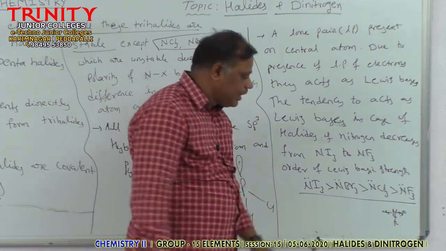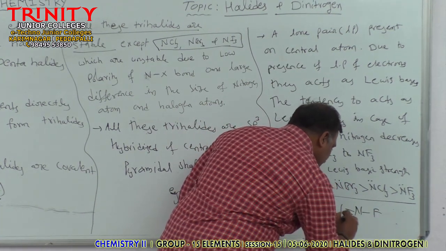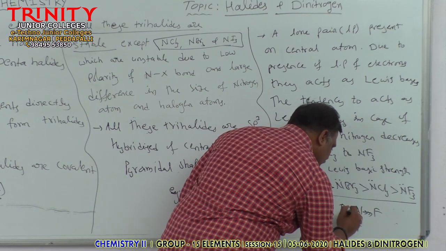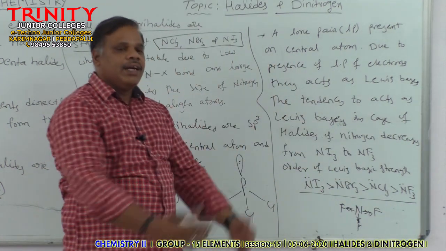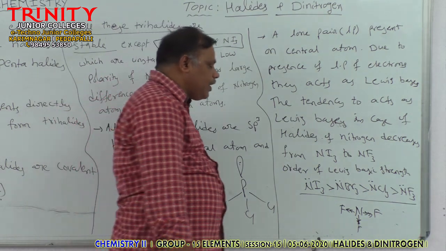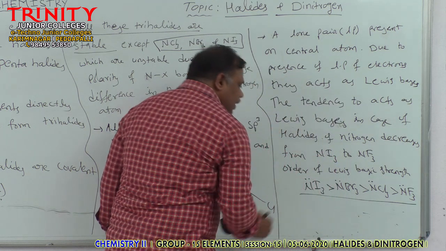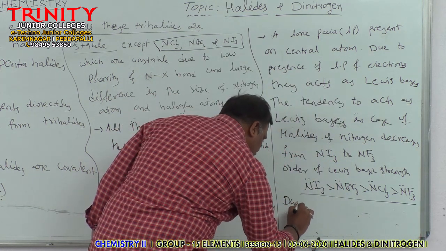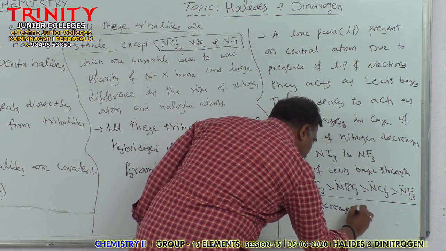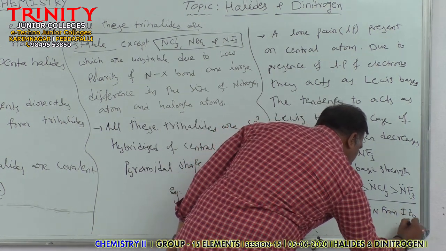In NF3, fluorine has high electronegativity and withdraws electrons towards itself, so the electron density on nitrogen decreases. Hence Lewis basic strength is very low for NF3, due to the increase in electronegativity from iodine to fluorine.